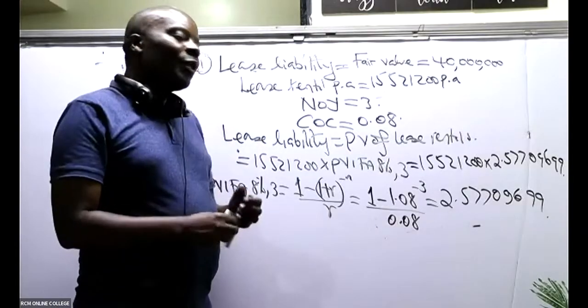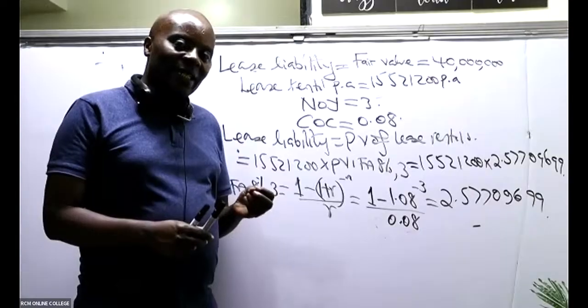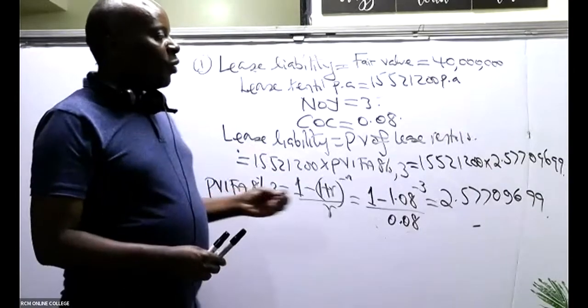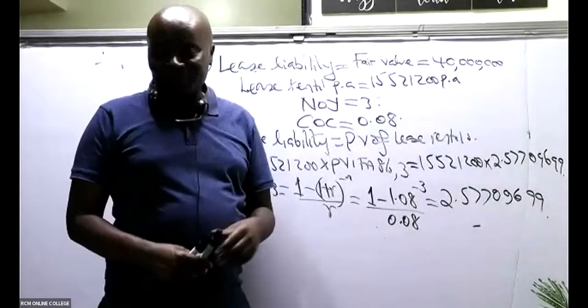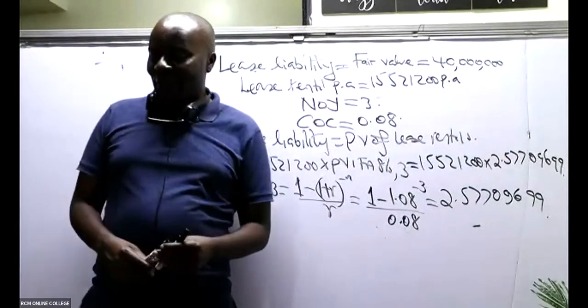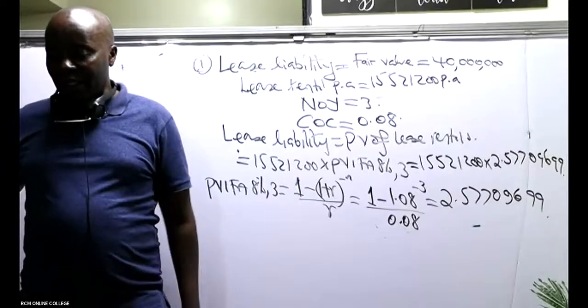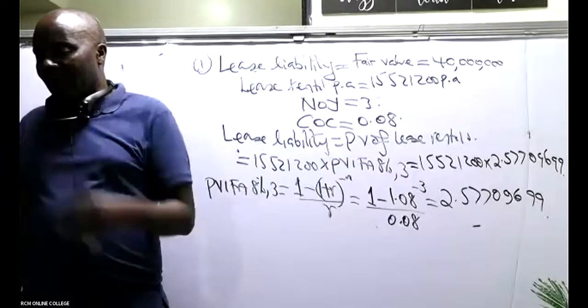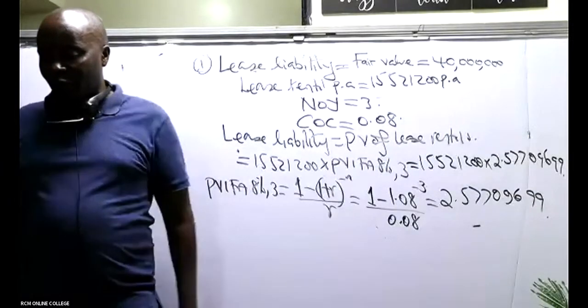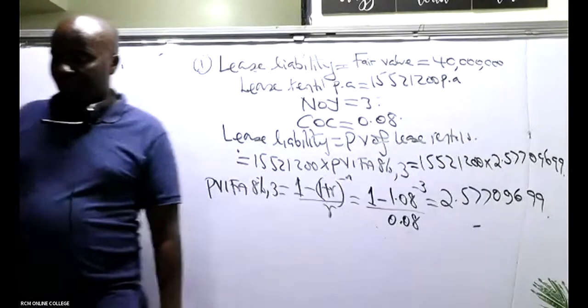Of course, there will be rounding off errors still. But most importantly, whatever figure we get here will be very close to that 40 million. It may be 39, blah, blah, blah. It's going to be very close to that 40 million.